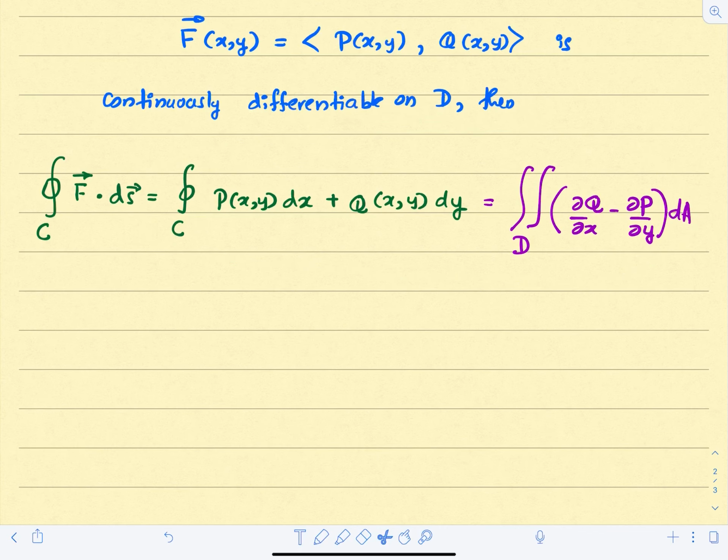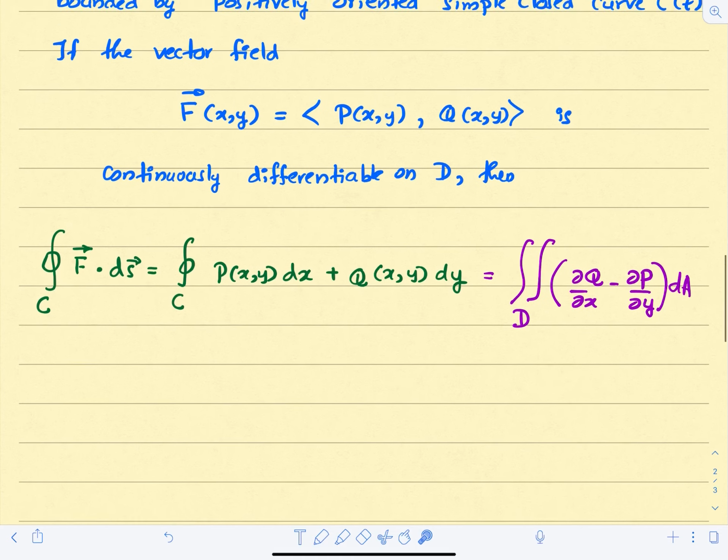If you remember in chapter 13.2, sometimes we expressed a line integral of a vector field like this, but sometimes we use this differential form notation to express the same line integral.